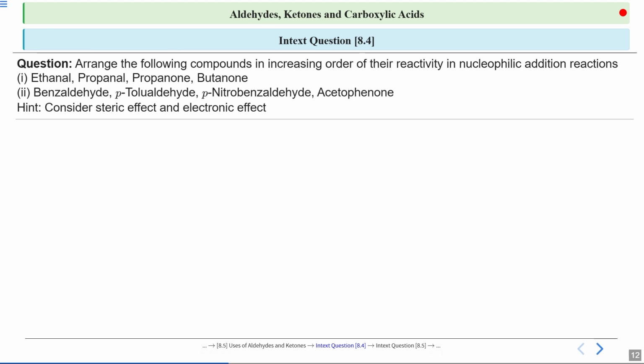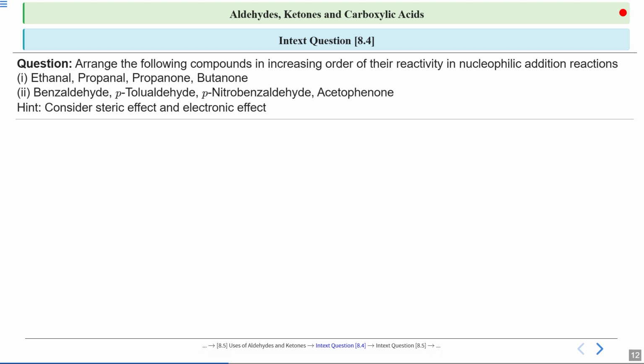Now, students, let's solve the Intext question 8.4. You try solving it yourself and we will discuss the solution. If you look at the question carefully, what is this question saying? You have to arrange the following compounds in the increasing order of their reactivity in nucleophilic addition reactions. See carefully, it is nucleophilic addition reaction.